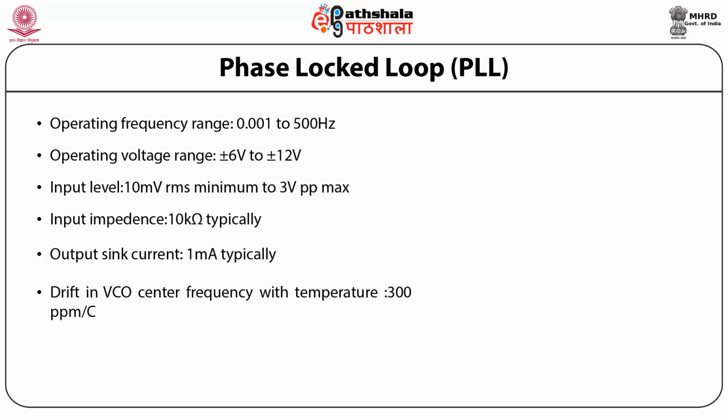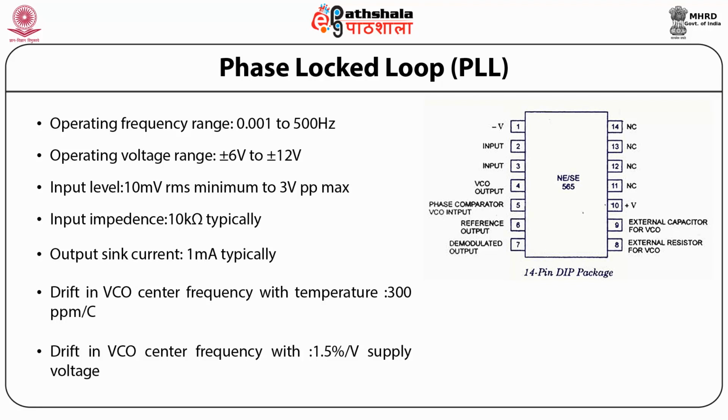Drift in VCO center frequency with temperature is 300 ppm per degree Celsius, and drift in VCO center frequency is 1.5% per volt of supply voltage. The pinout diagram for this 14 pin 565 IC is shown here.